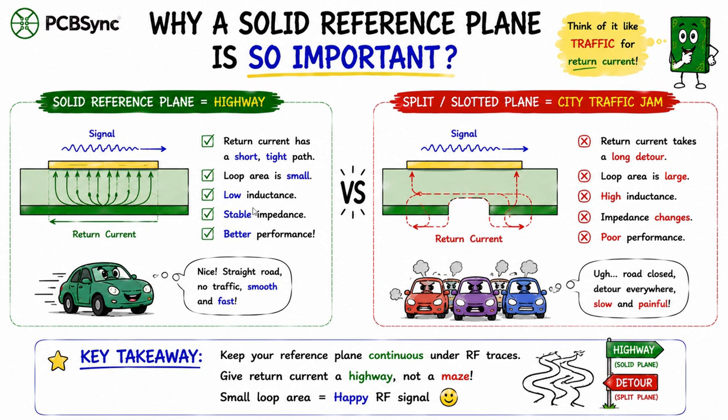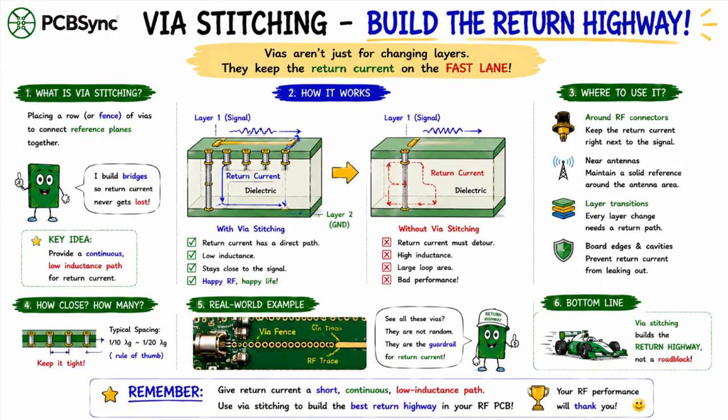Low inductance, low loss, high performance. But when you slot, hollow out, or cut the reference ground, it's like having roadwork all over the city. The return current has to take detours. In the RF world, there's a harsh reality. Taking detours means performance drops. So the most important value of a complete reference ground is to minimize the hassle for return current.